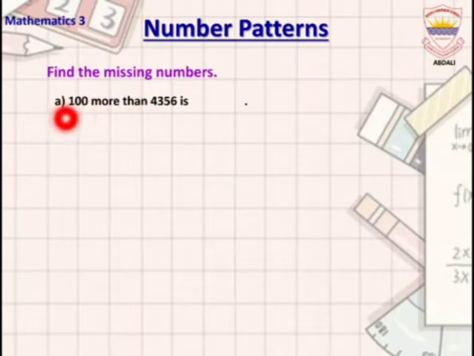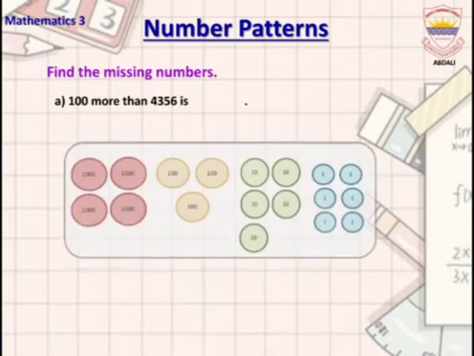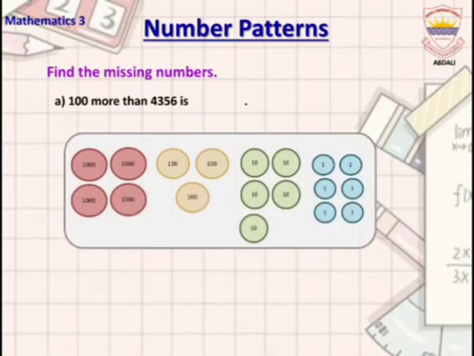More than means, students, we add 100 in 4356. First of all, we draw number disks of 4356. We draw number disks of ones, tens, 100 and thousands.